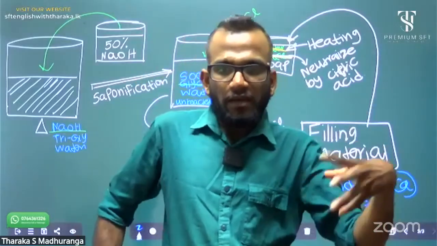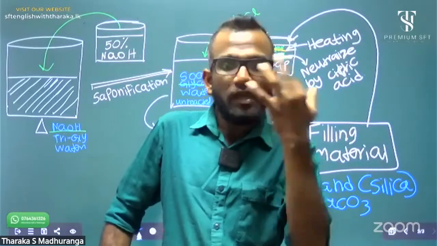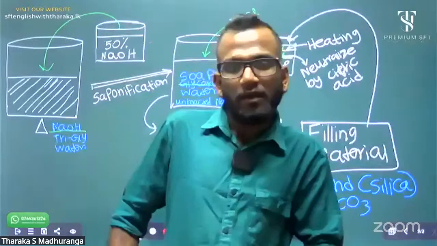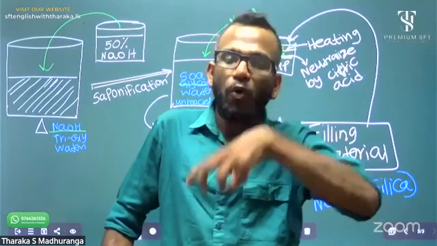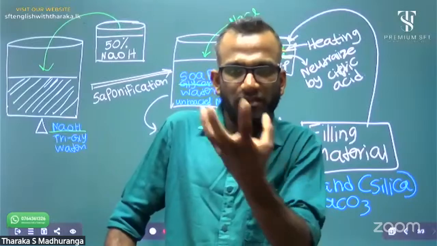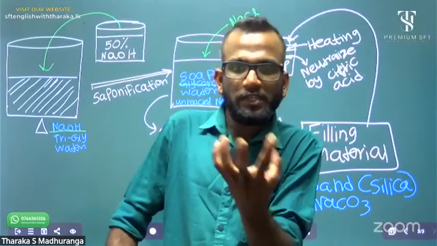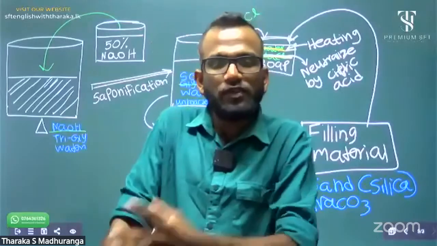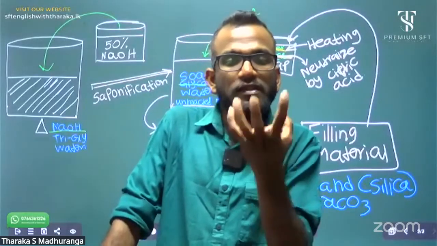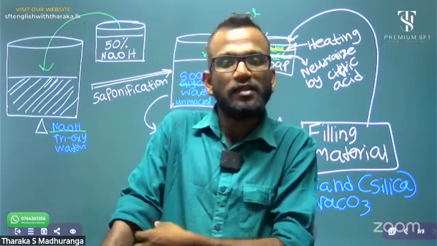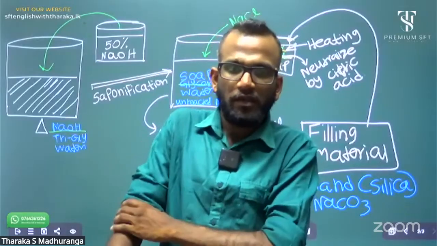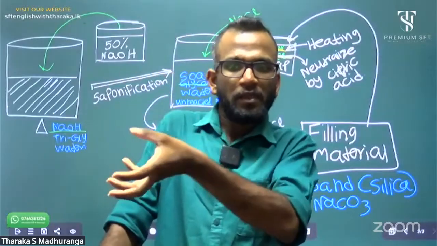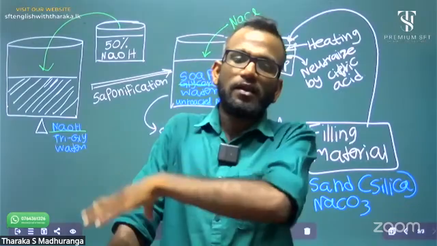Different types of extracts and chemicals are added with these smells and colors. Then finally we fill it into molds. Molds mean the shape. Then in the cooling process we get solid soaps. After that, labeling, packing, and it comes to the market.